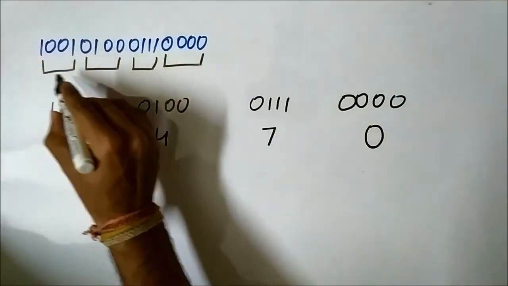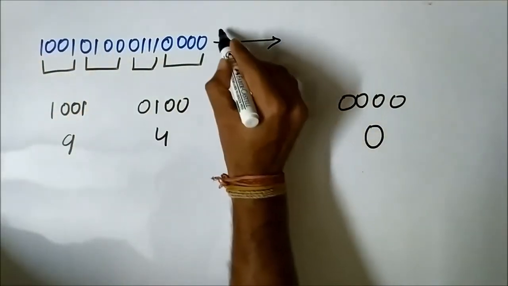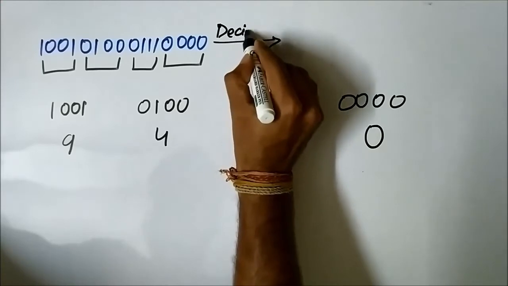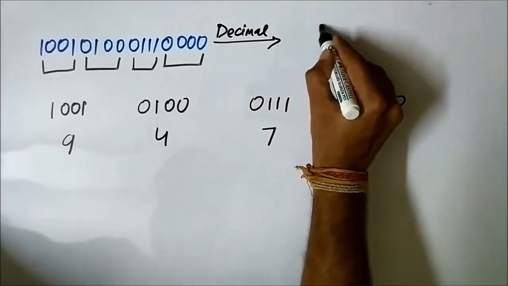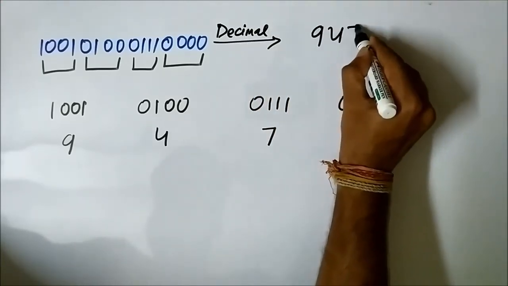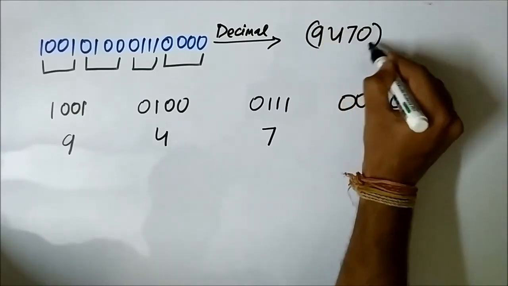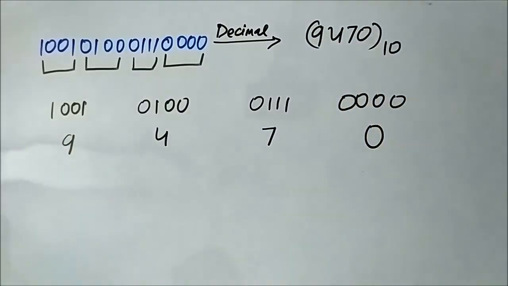So this BCD code in decimal form is 9470.